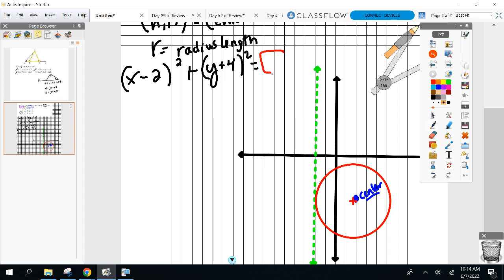What were we missing in our equation? R, radius squared. Can you find what the radius is for me? How long is that radius? 4 units, but do I plug in 4? They want you to, don't they? Look at the choices we have left over. One of them is 4. It's tough, but it's got to be r squared, so 16 going in there. Good question there.